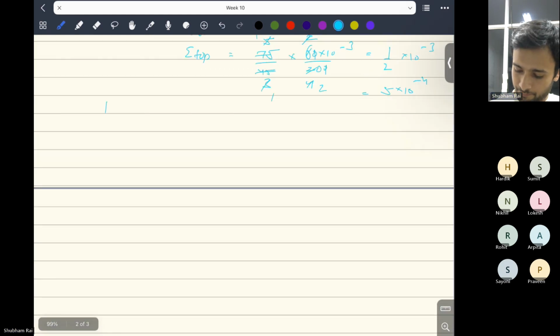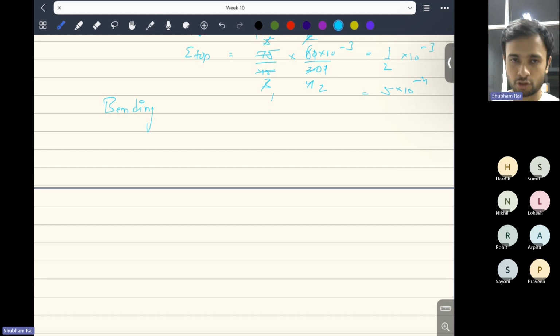So that will be the flexural stress in the top fiber. That's what we need to find out. This will be E into epsilon top, so sigma top.